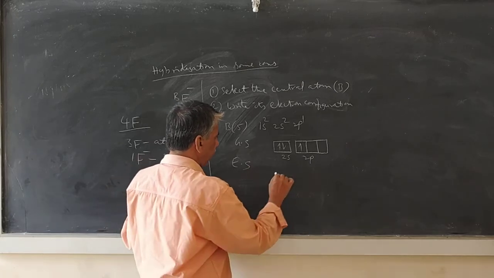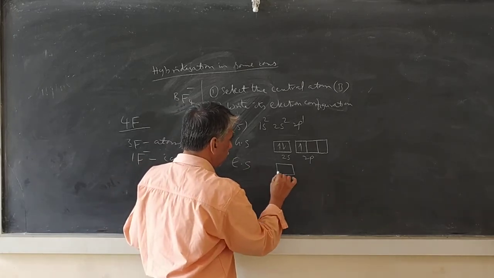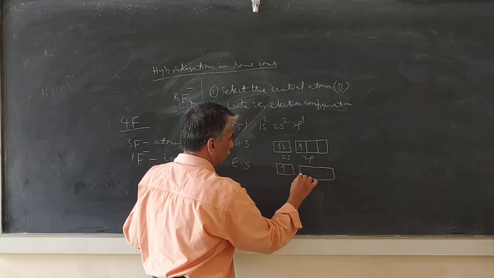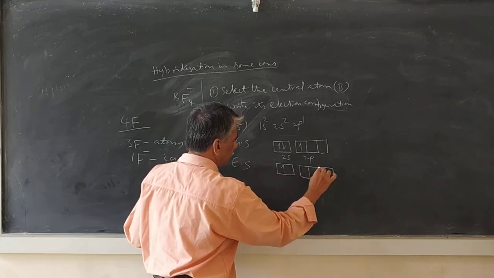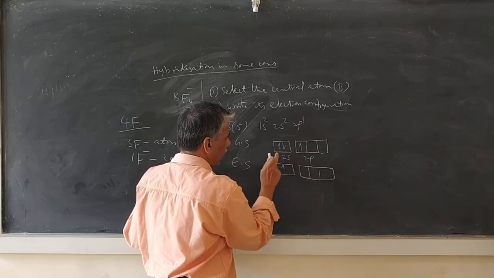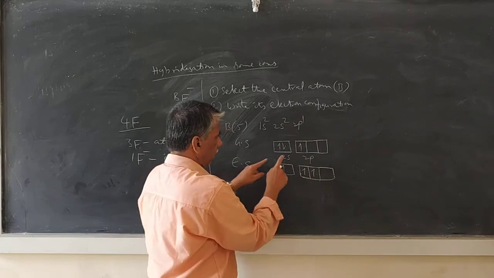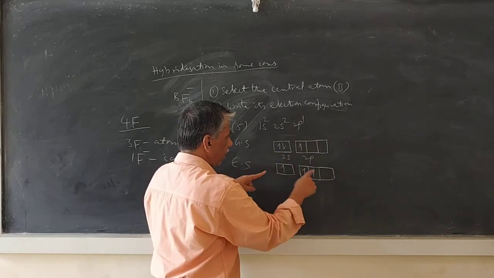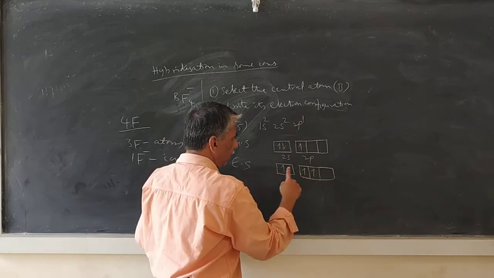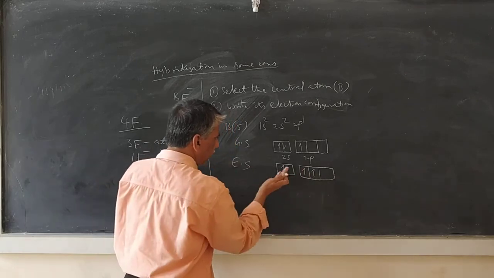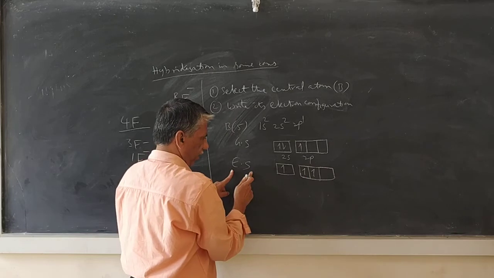So you just consider the excited state. If you consider the excited state, a 2s electron is promoted to 2p. Now we have 3 unpaired electrons. Okay, this is called the excited state.